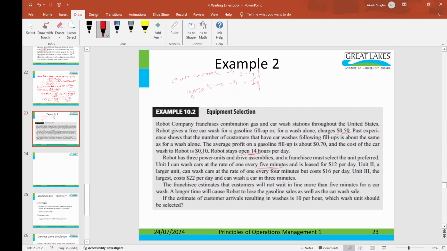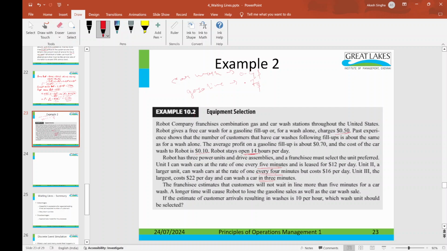Unit 2 is at every 4 minutes and unit 3 every 3 minutes, right? So these are the service rates, how fast we can provide service, and their associated cost. So what we have to calculate is, okay, now complete the question.